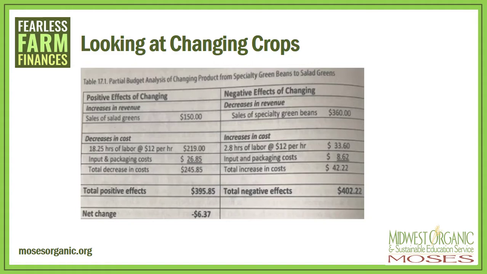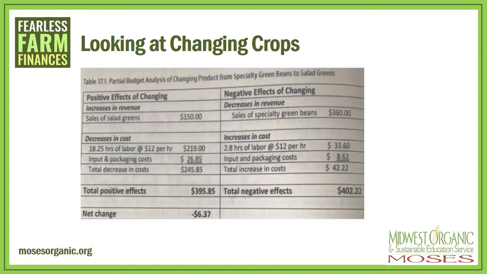There's going to be some decrease in costs. On the right-hand side, there are actually going to be some negative effects as well. There's going to be a decrease in revenue, so if they were to not grow the green beans, they're going to lose revenue, and an increase in some cost. You'll see the total positive effects and the total negative effects with a net change of negative $6.37.